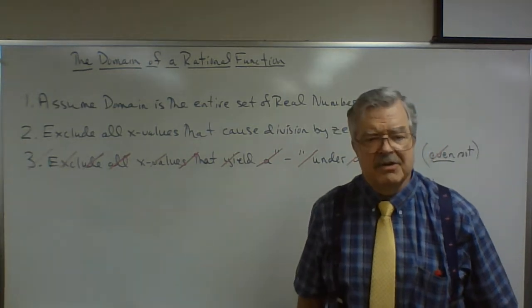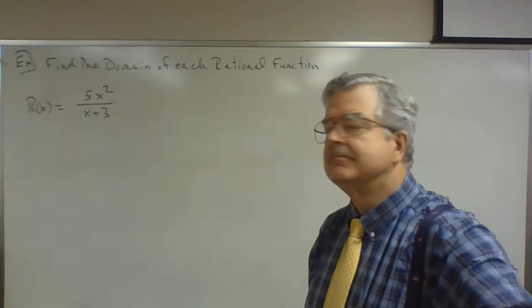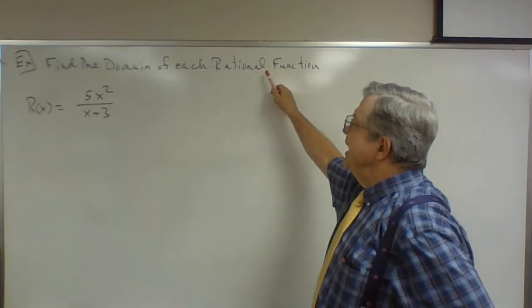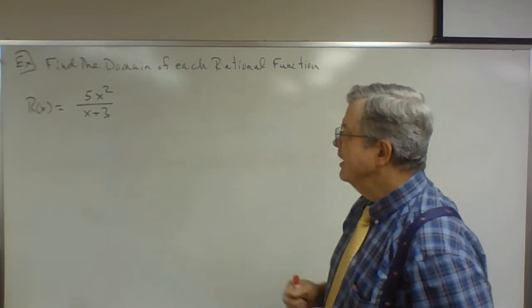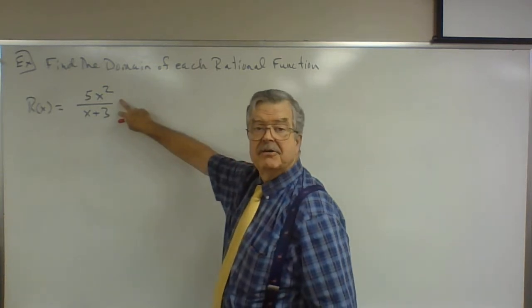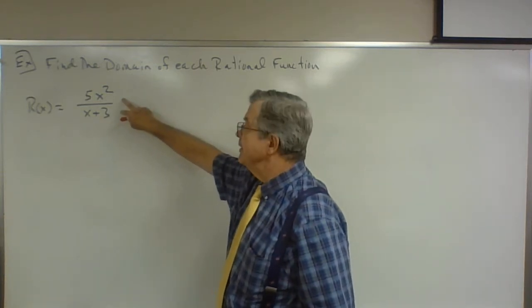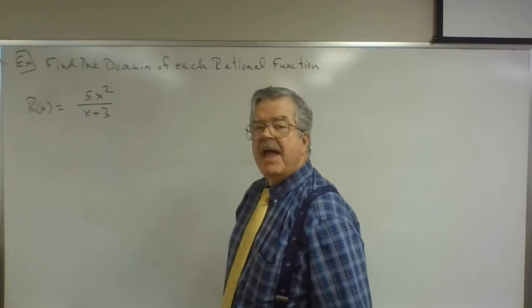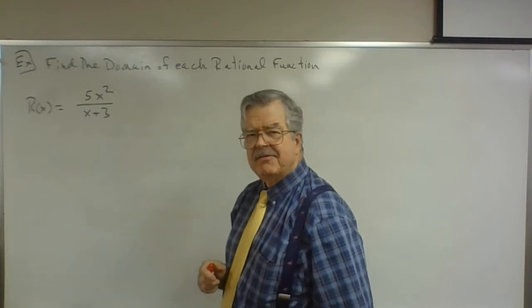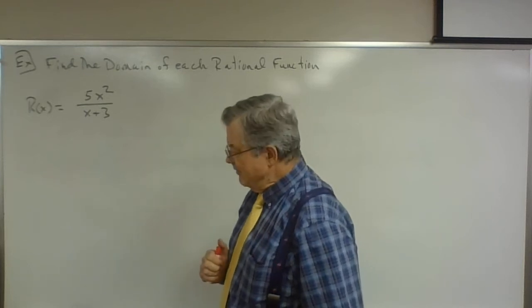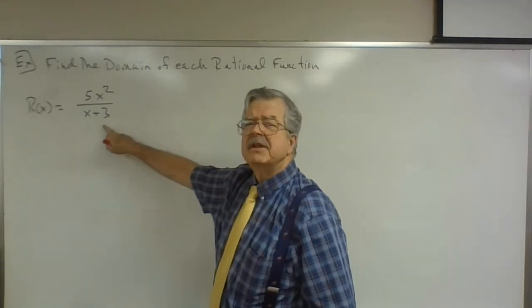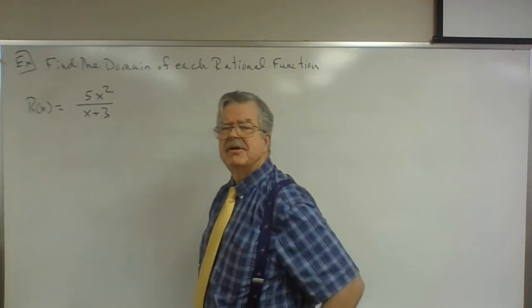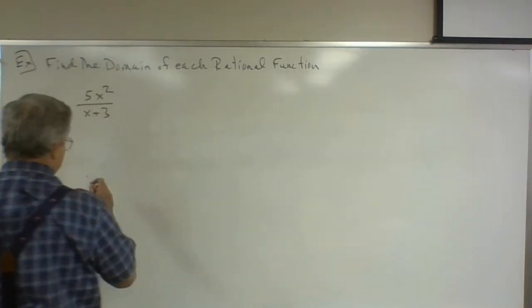So let's look at a few examples. Find the domain of each rational function. This is a rational function. It's the quotient of two polynomials. And we assume that the entire set of all real numbers is the domain. And we'll exclude any x value that causes division by 0.